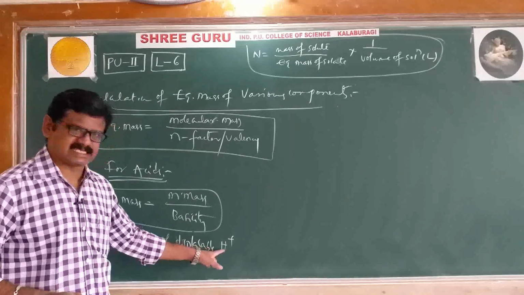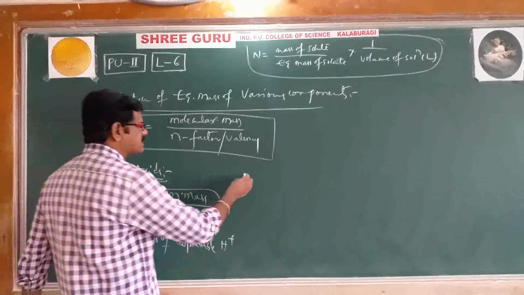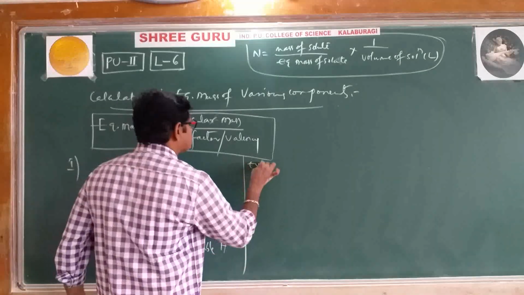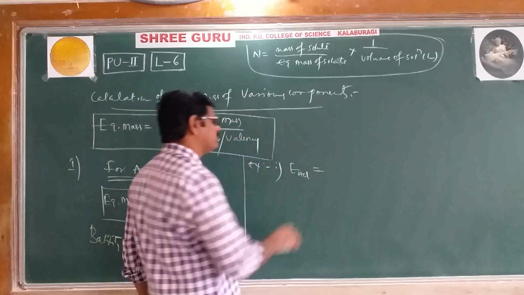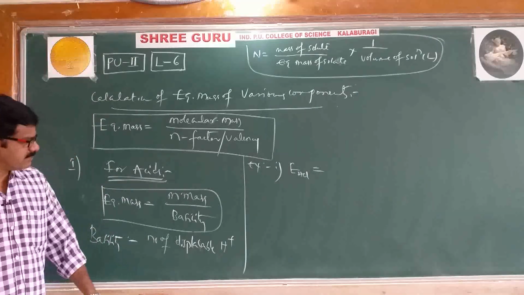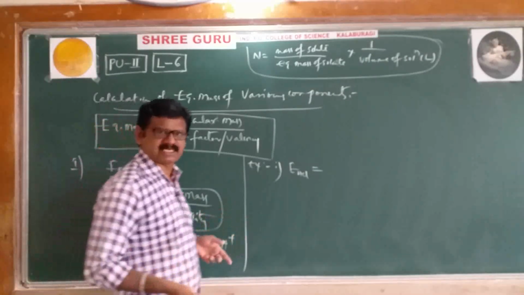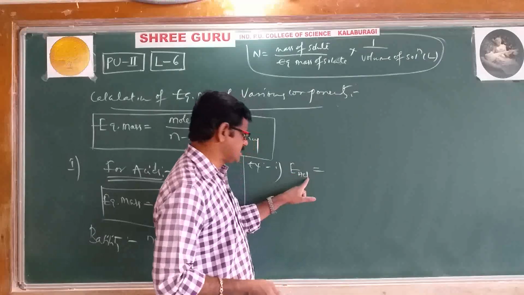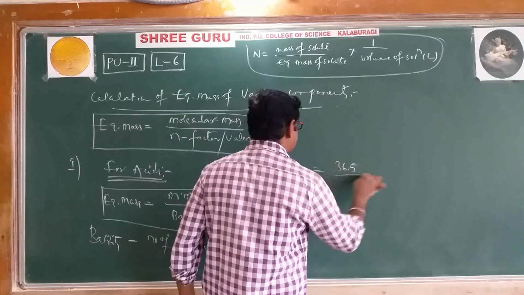Number of displaceable hydrogen ions is called its basicity. Let's discuss some examples now. Example number 1, equivalent mass of HCl we have to calculate. Same, molecular mass, already known to you. H is 1, chlorine is 35.5, nothing but 36.5. Up to here no problem.